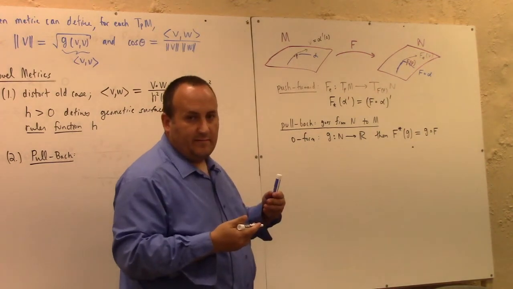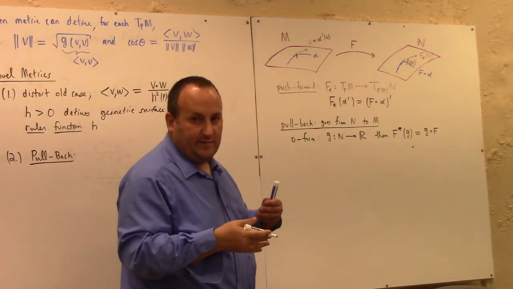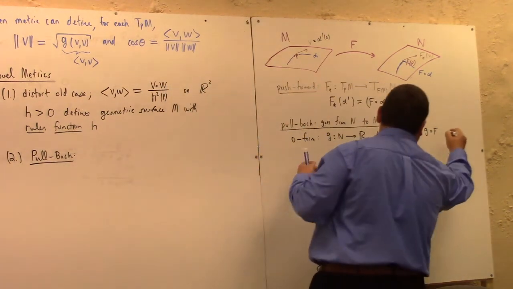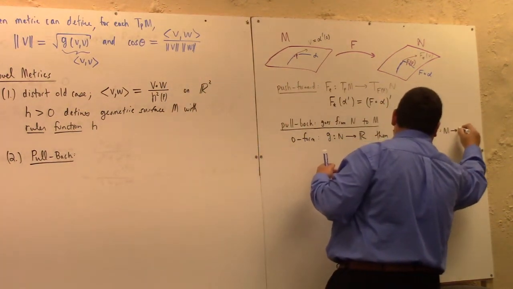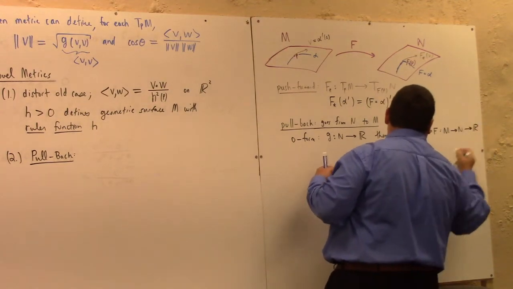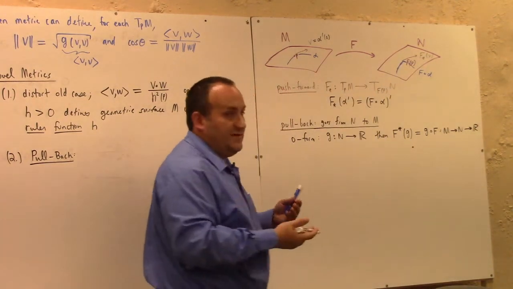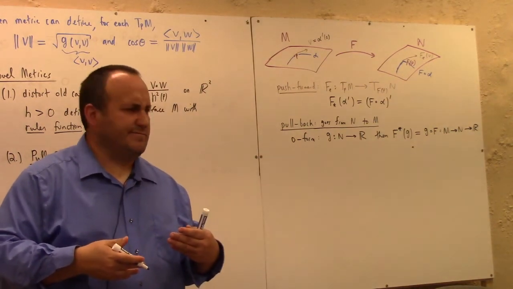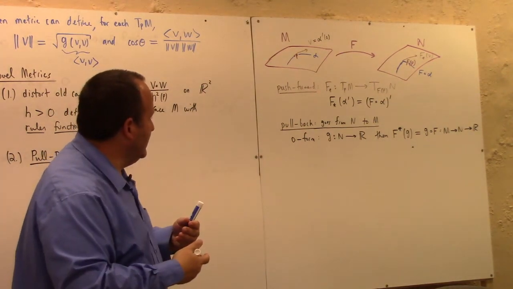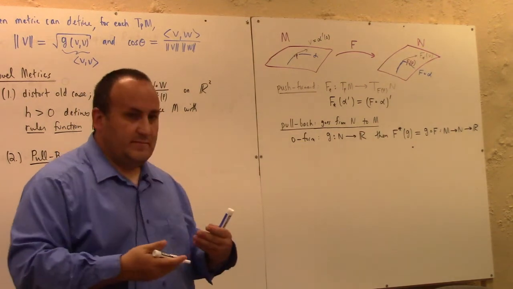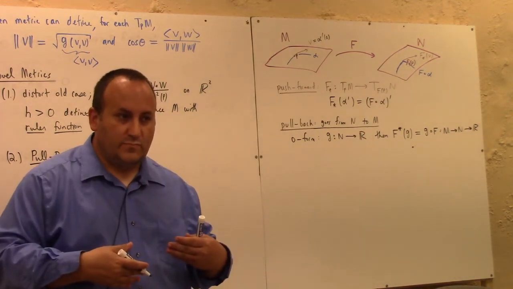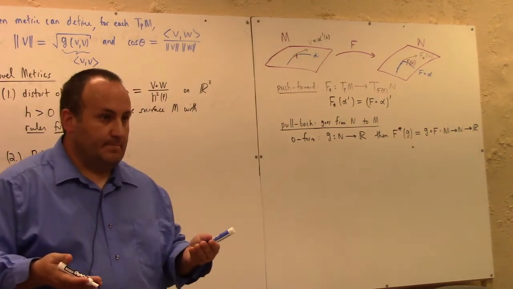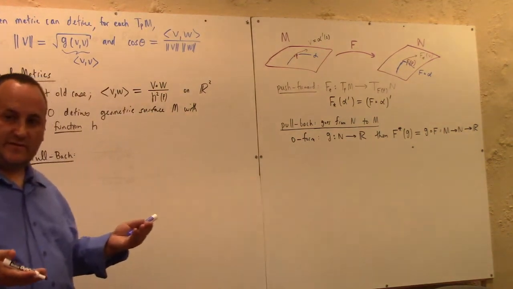F goes from M to N. G goes from N to R. So this composite is an M to N to R mapping. Rather, G composed with F is a function on M, and a function on M is called a zero form. So that's how the pullback works on functions, zero forms.